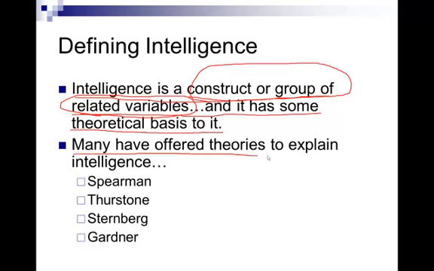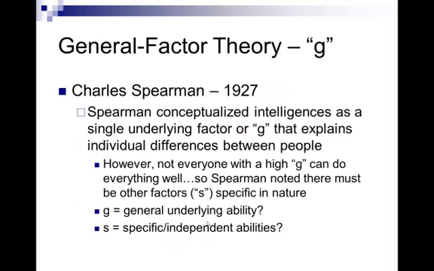Now, we've had a whole lot of people who do research and put together theories on intelligence. We have Spearman, Thurston, Sternberg, and Gardner. These are four researchers, and your book does a good deal about looking at their theories of intelligence.